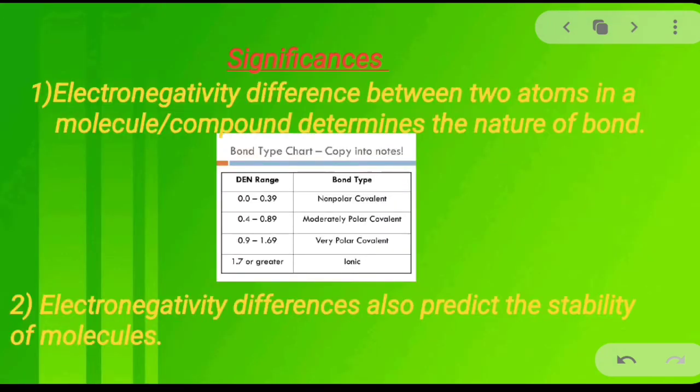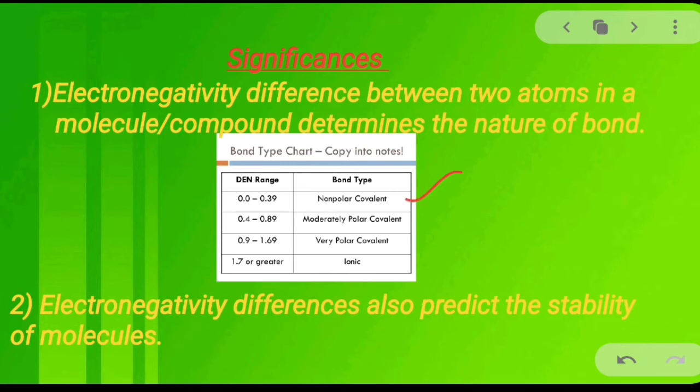Now, what are the significances? The electronegativity difference between the two atoms in a molecule or a compound determines the nature of the bond. If the difference between the two atoms ranges from 0 to 0.39, the covalent bond present is a non-polar covalent bond.